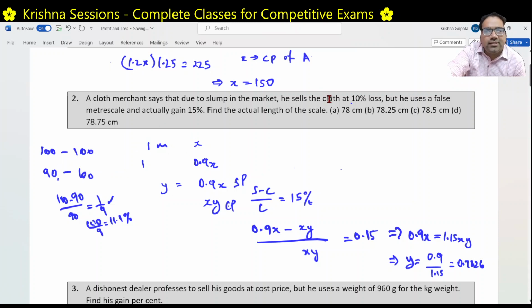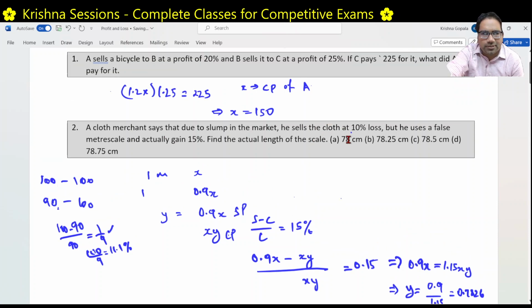Now, what is he saying? He's saying he's selling the cloth at 10% loss. What does it mean? He's saying this 1 meter of cloth is at 0.9x. That is what he's saying.